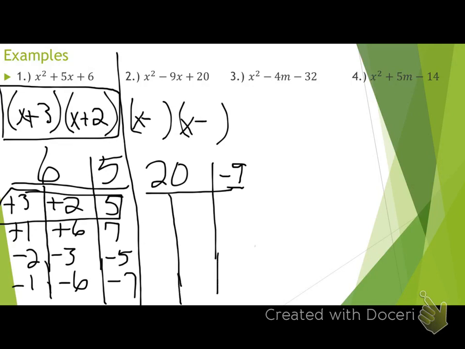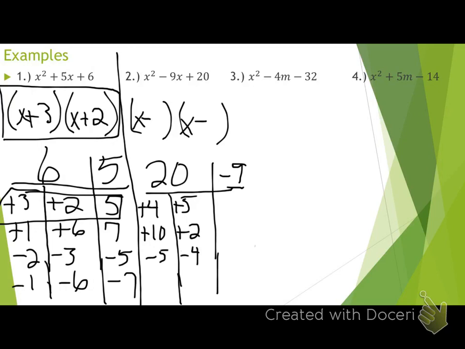Let's list factors of 20. Things that multiply to give me 20. 4 and 5. Positive 4 and positive 5, right? What else? 10 and 2. Positive 10, positive 2. What else? Negative 5 and negative 4.